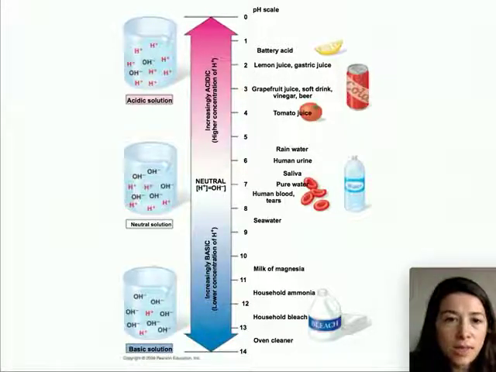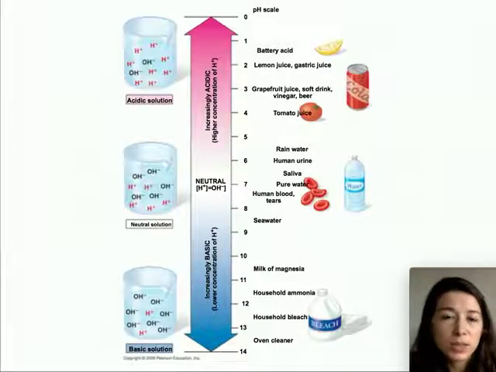So here on the low end, we have battery acid, lemon juice, and gastric juice, which is the fluid in your stomach. If you've ever had acid reflux, you know that when that fluid comes up, it's very acidic. Other acidic solutions such as grapefruit juice or soda are also low on the pH scale.